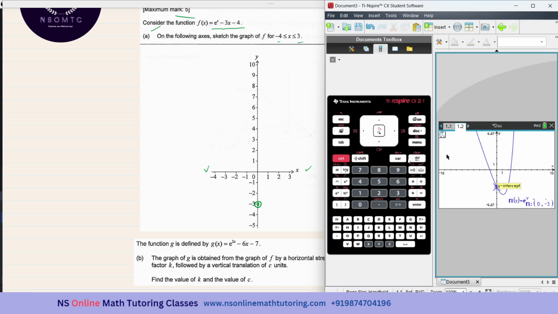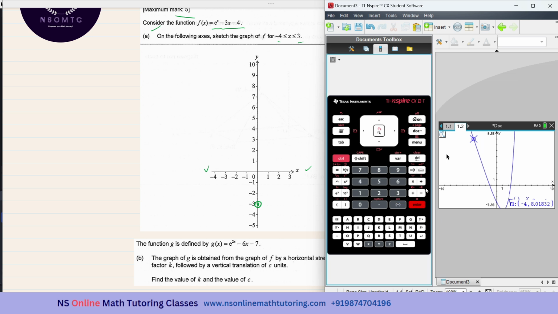Next, let me take the endpoint. I am just writing negative 4 and enter. I get this: negative 4 is the x value and the corresponding y value is 8.01832, so I will be taking it as roughly 8.